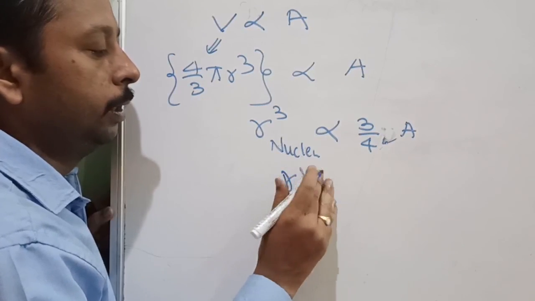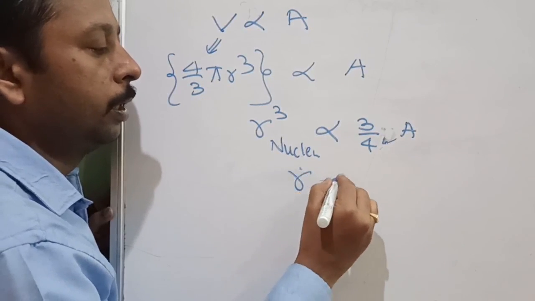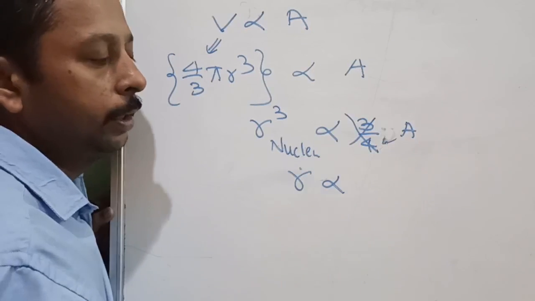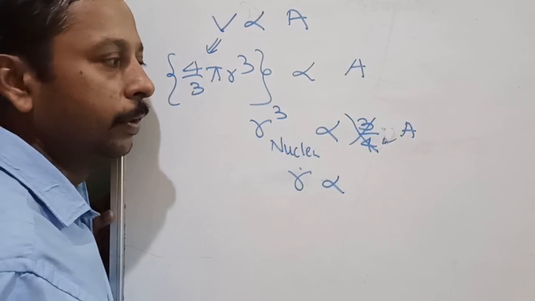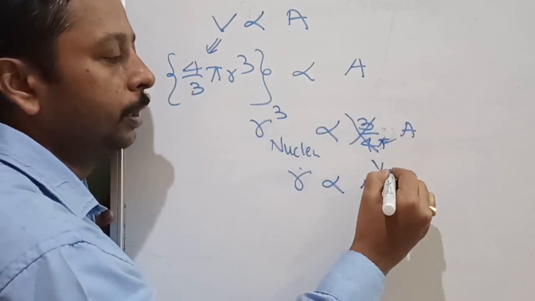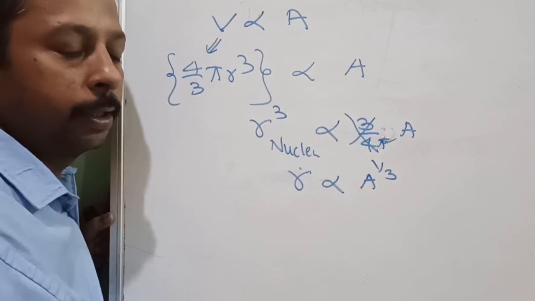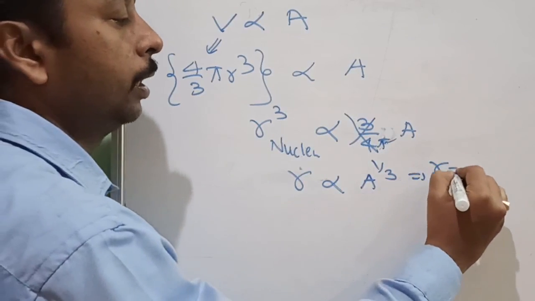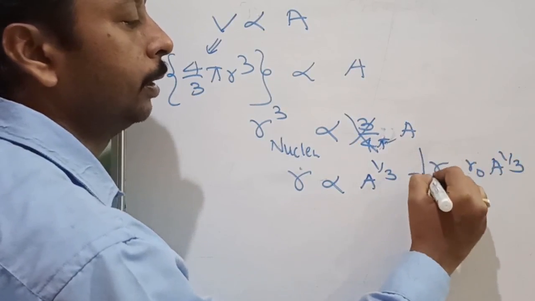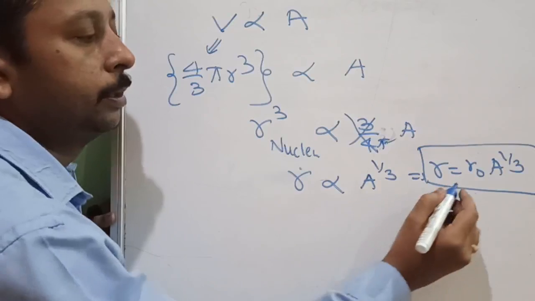So R is directly proportional to, once proportionality is used, you need not write all these values. Okay, so A to the power of, if 3 goes that side, 1 by 3. Now what I will write, R is equal to R0 A to the power of 1 by 3. Okay, this is constant.